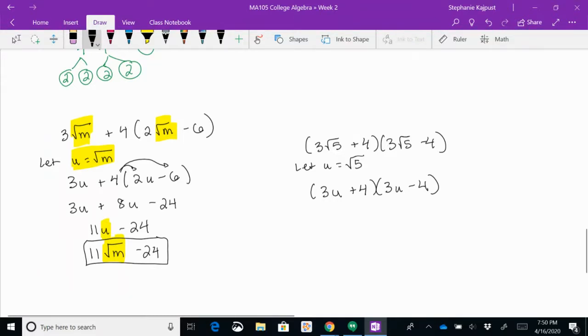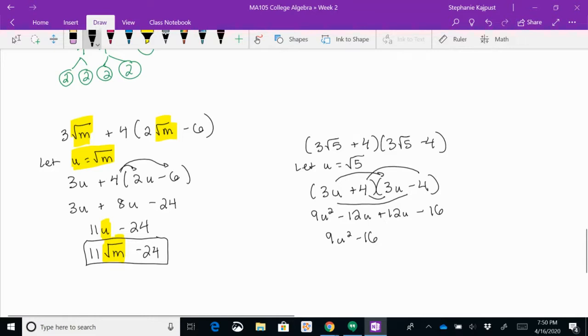So you just FOIL everything out. 3u times 3u, that's a 9u squared. 3u times negative 4, so that's negative 12u. 4 times 3, that's 12u. And then we get a negative 16. The u's in the middle, those cancel out.